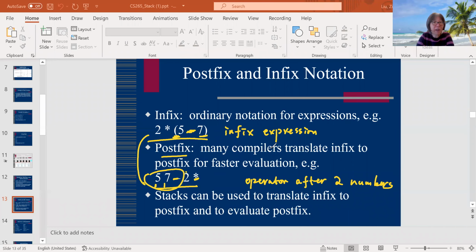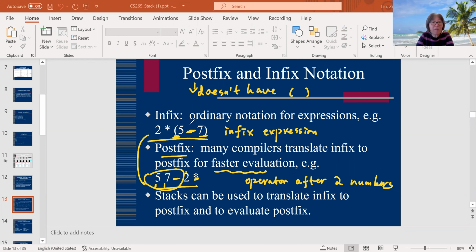And many compilers translate infix to postfix for faster evaluation. In a postfix expression, there are no parentheses, just a number followed by an operator.